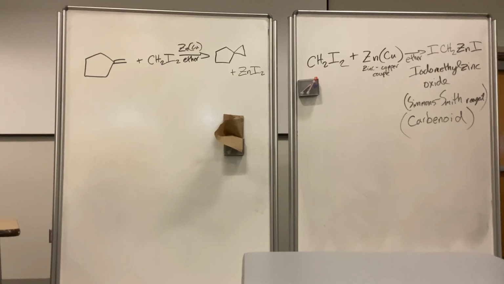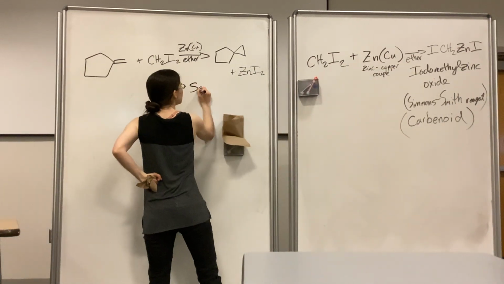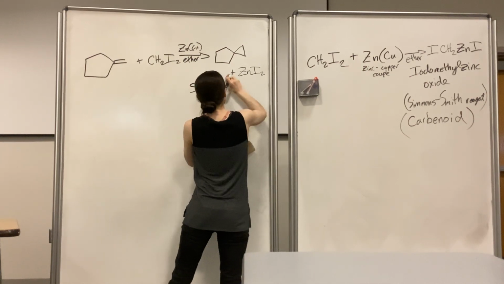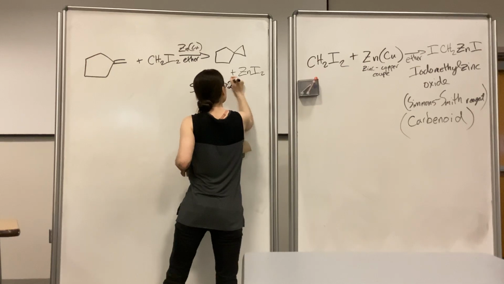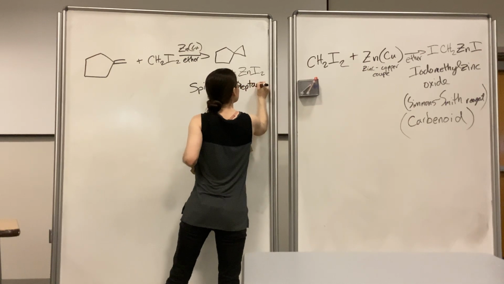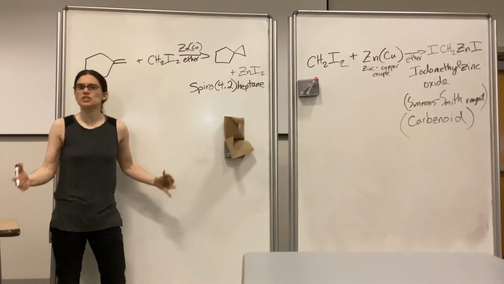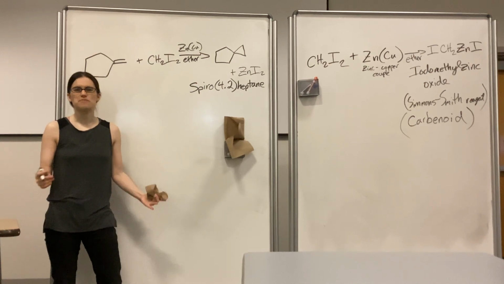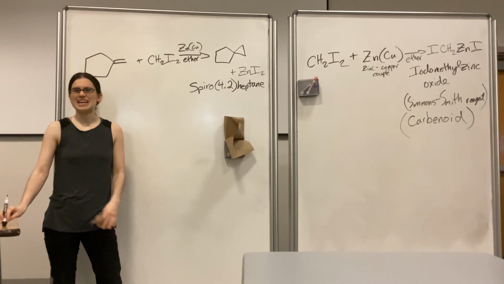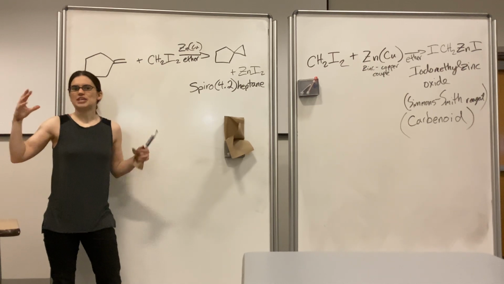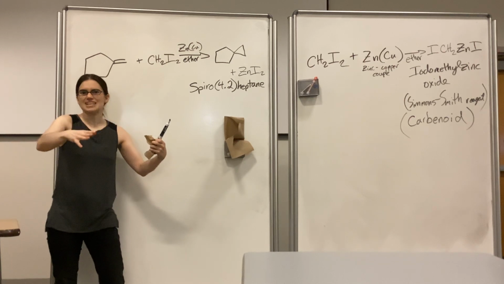Don't ask me how they get to the name. Is that 4.2? Spiro 4.2 heptane. That's definitely not a comma. And this, stuff like this, is why IUPAC is really cool at first when you learn it, especially because right after this you take biochemistry and they name things after who discovered them, and then when they have a 1, 2, 3, and 4, they're not actually used in a process in that order.